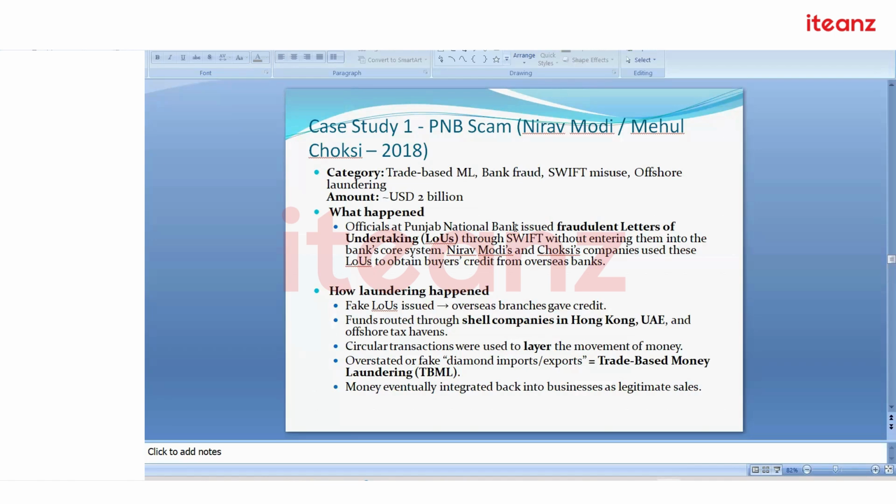Nirav Modi and Mehul Choksi were diamond merchants. They took a loan, then provided some wrong invoices and said they had done transactions with international parties. This is how they framed it.